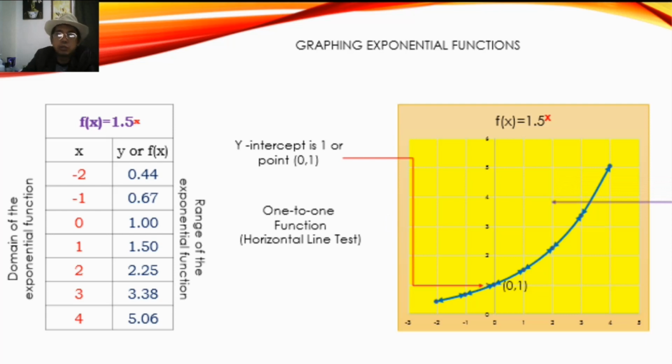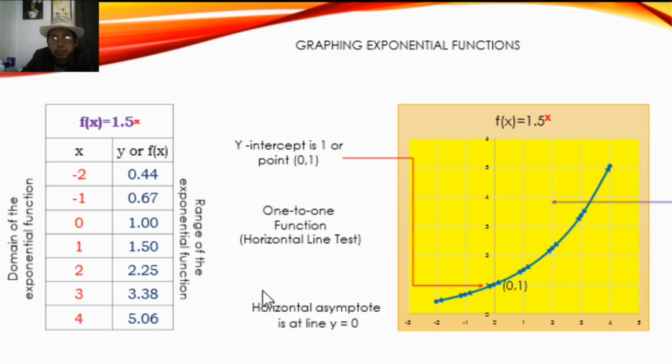You will notice that when this line moves down, goes up, goes down again, goes up, the intersection of the graph and the line will be at only one point, exactly one point. So the exponential function passes the horizontal line test.